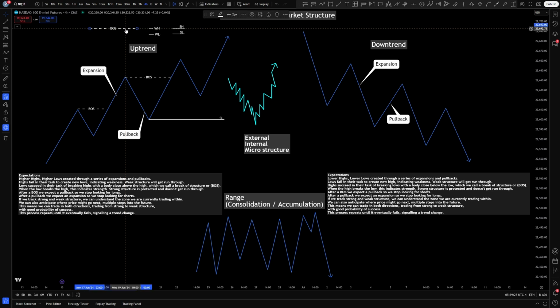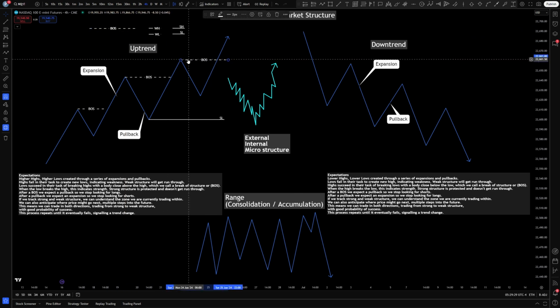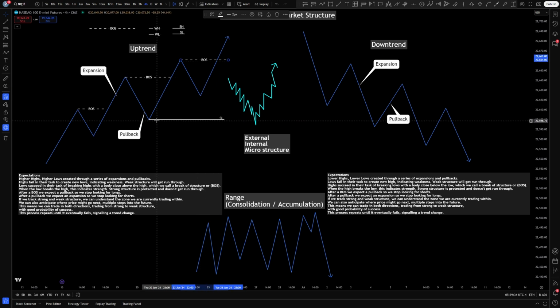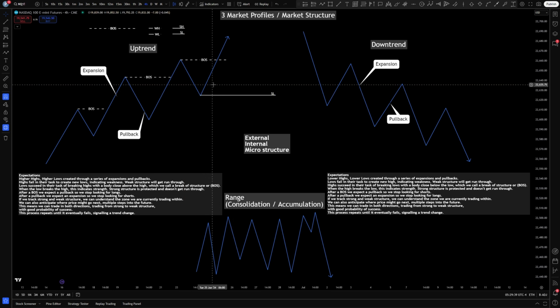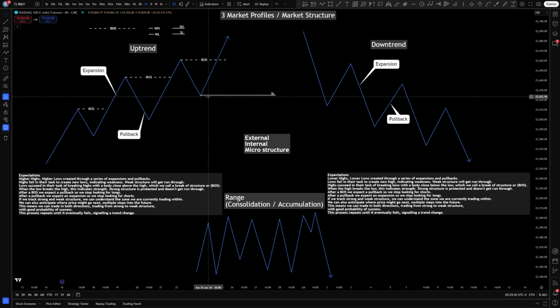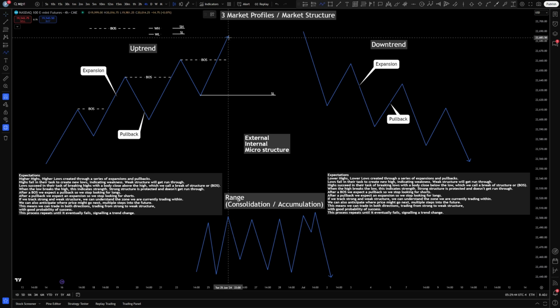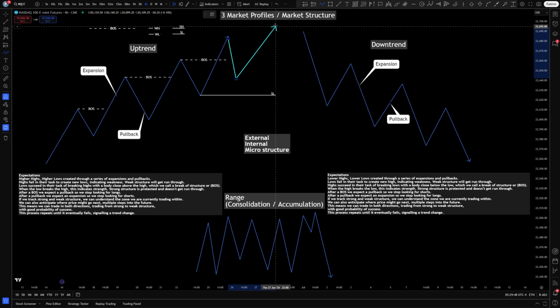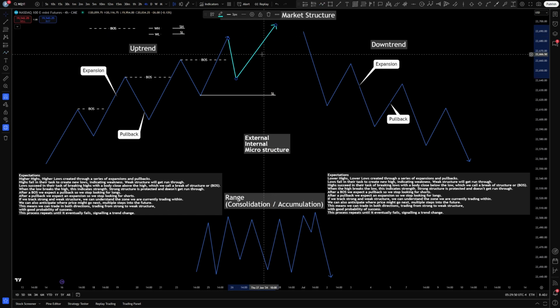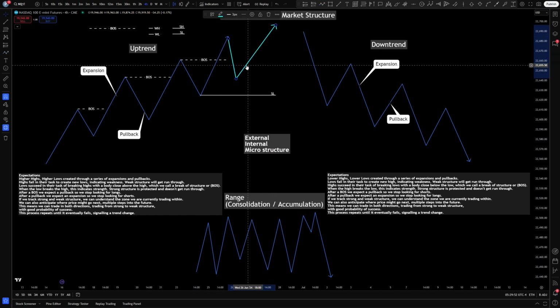And then we do exactly the same thing here. When we come back down and we break through it, we now have a strong low there. So we move our strong low up, move our strong low up, and this structure should then be protected and shouldn't get run through. It should just have a pullback and an expansion higher. And it continues until it doesn't anymore.